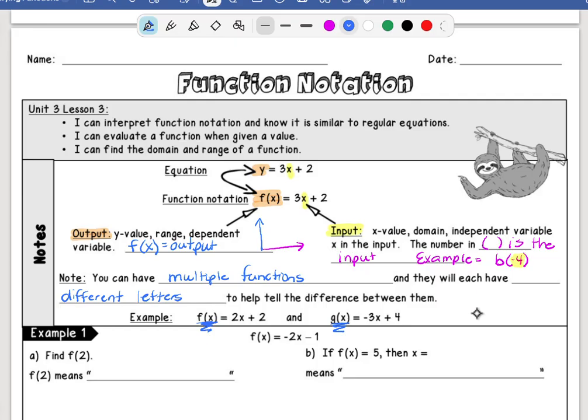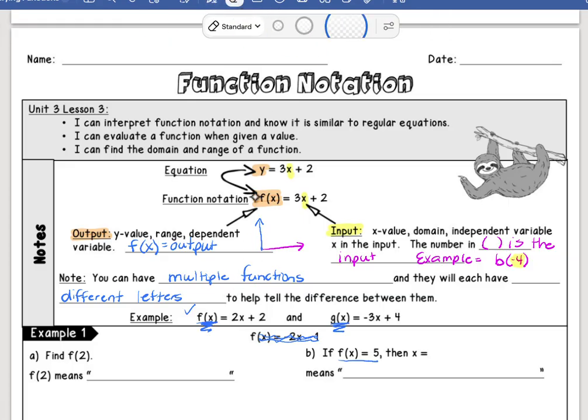You might have a problem where it says f of x equals 5. Ignore that I gave you the equation right here. But if f of x equals 5 was your problem, you would pick this one here because that's the one that has the f. Let me go ahead and solve some of these as an example. That part about multiple functions may be a little confusing, but if you see it on your worksheet, hopefully it will make more sense once you see them all listed out.